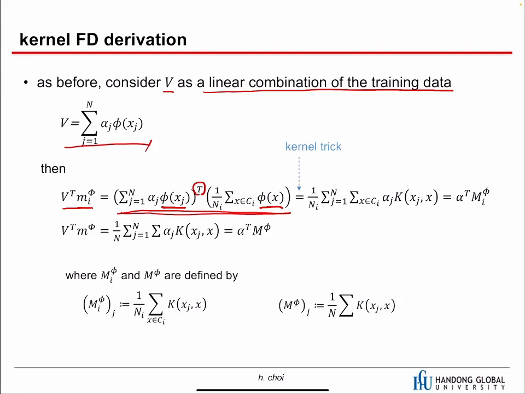So the inner product between these two will be replaced by a kernel function. Okay, and then we put it in this way. And then likewise, phi transpose m phi will be replaced by this. Okay, and the m sub i phi and m phi are defined by this.